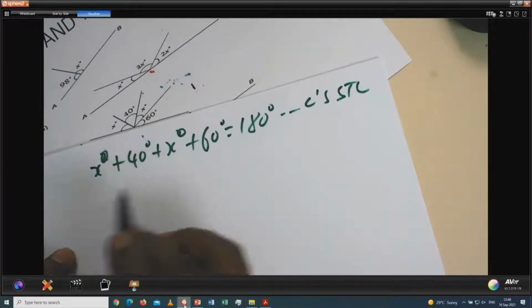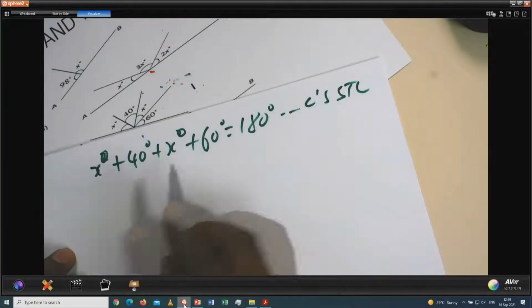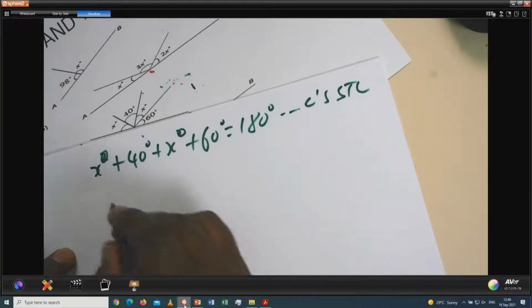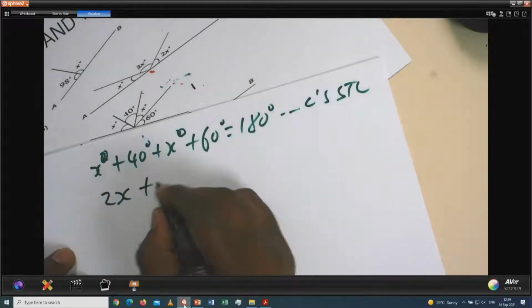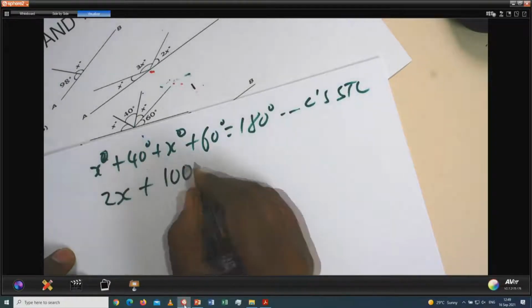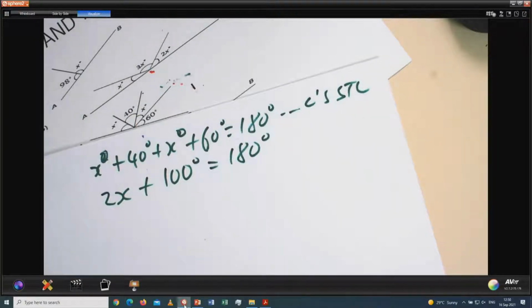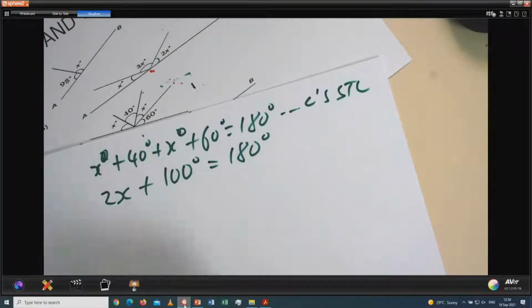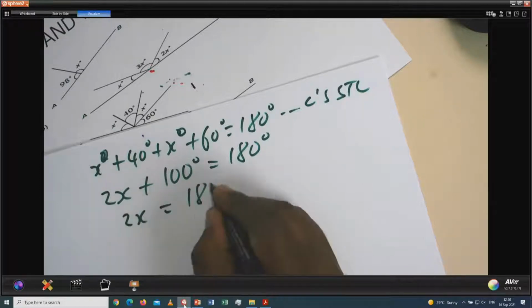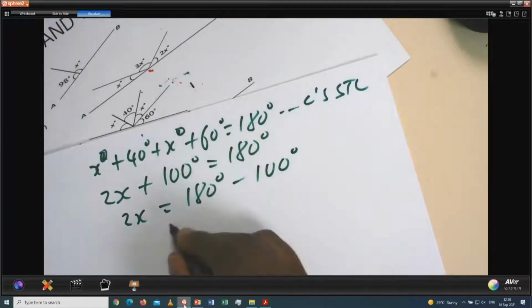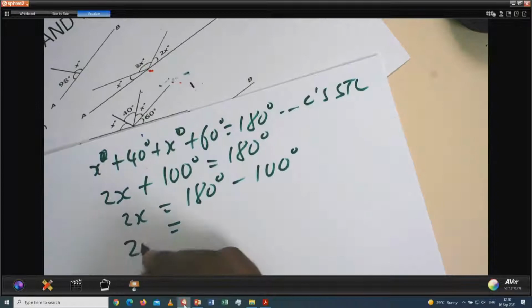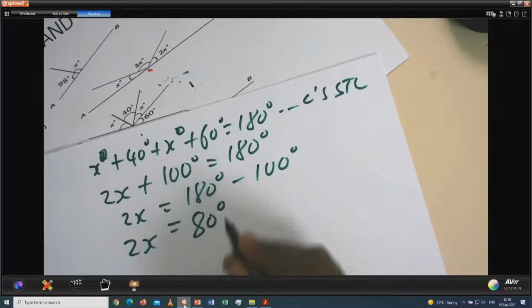Again, your mathematics becomes handy here. You add your like terms, these two of them, and then you add your unlike terms. And then you want the variable to be on the left again. Your mathematics comes in handy when you transpose. So your mathematics as a tool, you just use it to explain what is in front of you mathematically, and then it's your 80 degrees.